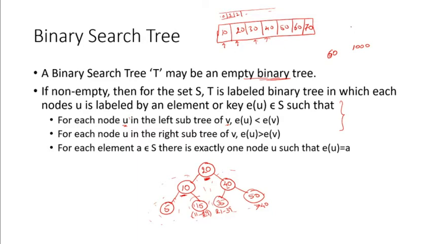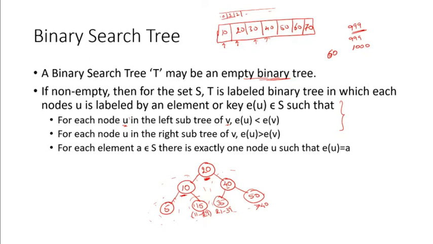Suppose I am searching for an element which is available at location 999, then I should search all 999 locations from the start, which is a hectic process. So rather than doing that, you can do it using a binary search operation.